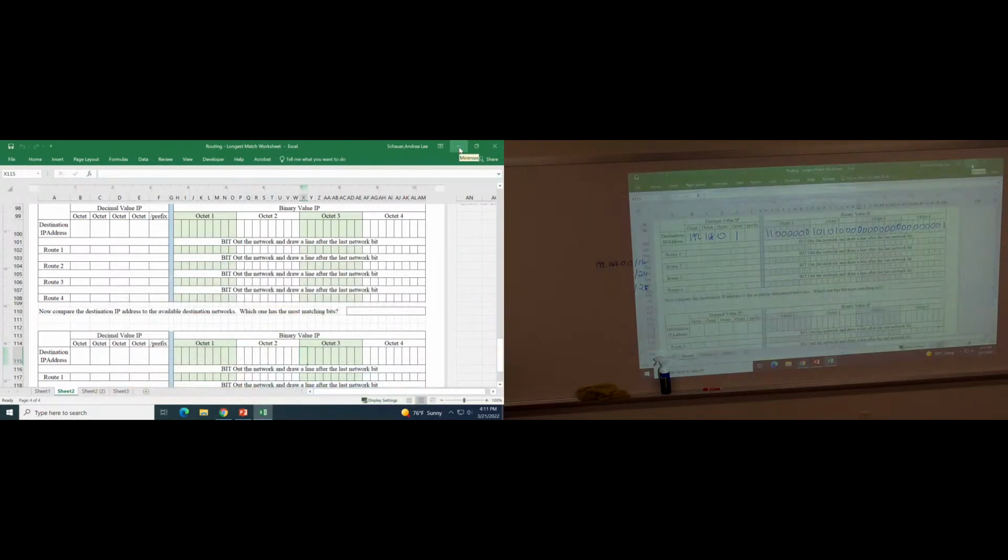Okay. So let's see, our first route was a 192.168.0.0/16. Our second route was a 192.168.0.0/24 and a 192.168.0.0/28.